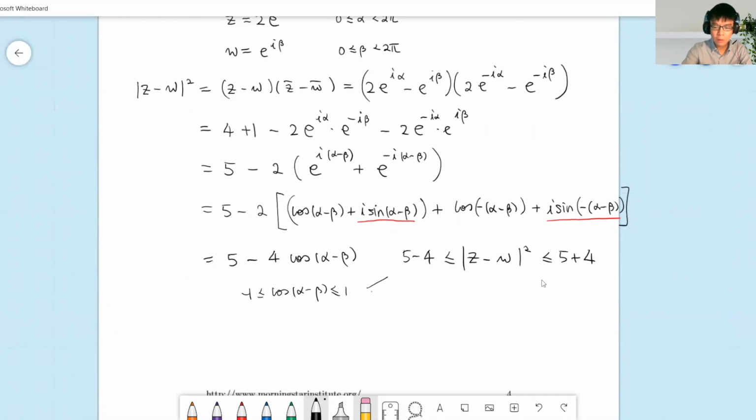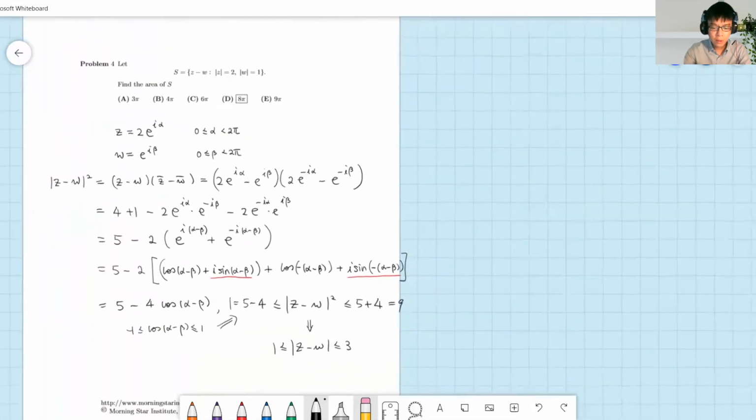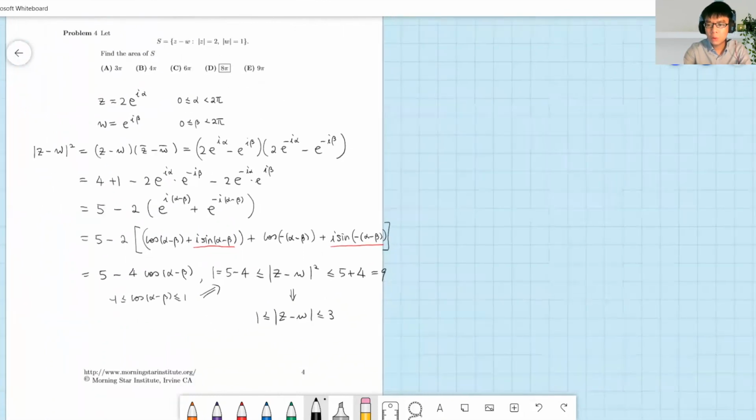In other words, the left-hand side is 1, and the right-hand side is 9. So we see that the modulus of z minus w is between 1 and 3. And this picture is symmetrical in any direction. So that's basically the region between two circles.